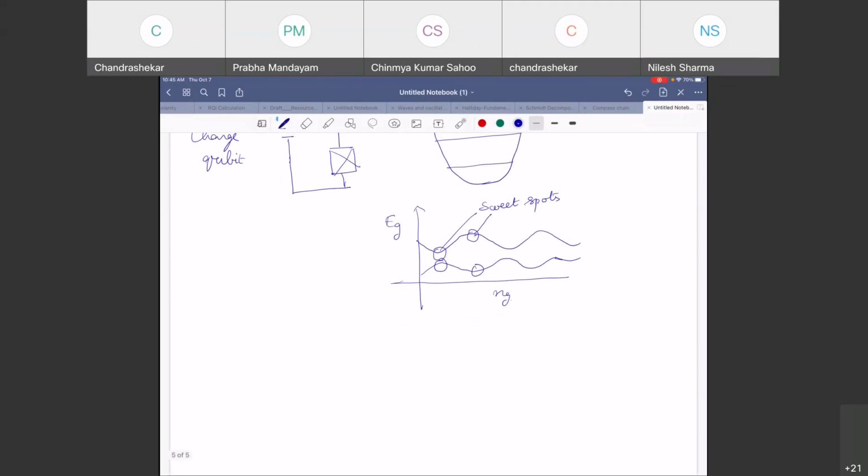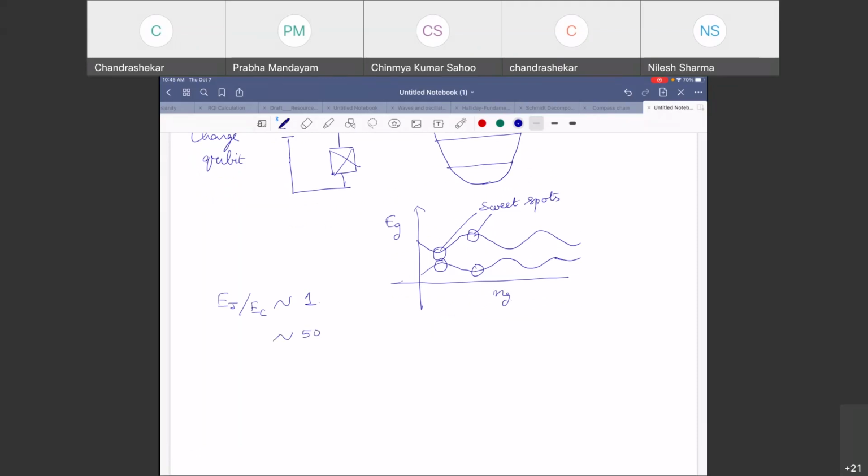To overcome this, it was suggested that the ratio EJ by EC is very important for superconducting qubits. This ratio tells you how much energy difference you need between the Josephson junction and the capacitor to drive electrons. If this is of the order of 1, you have a charge qubit.